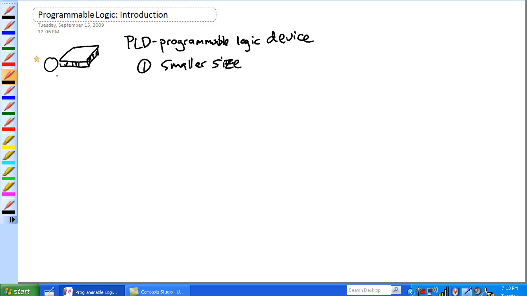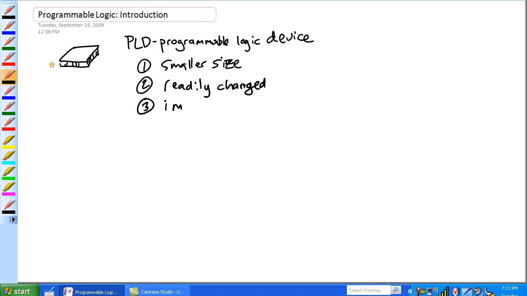All right, smaller size. Yeah, more devices in the same area. Two, it's readily changed, basically by rewriting your program. You don't have to rewire or replace components, you just got to reprogram it.